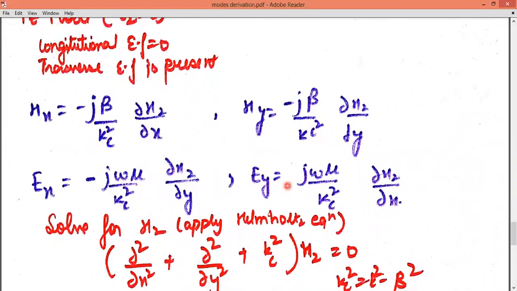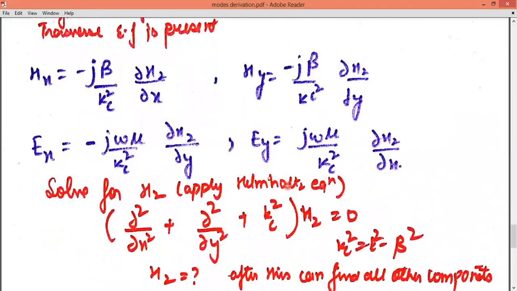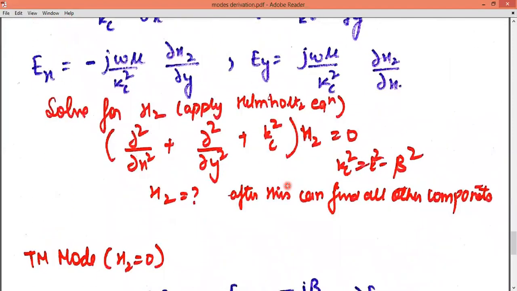We also apply the Helmholtz equation here, and we get Kc² equals k² minus β². So we can find the Hz component here. After this, we can find all the components, Ex, Ey, Ez. How we find these components for a particular waveguide, we are going to learn in the coming lectures. Here we are just writing the general equation.